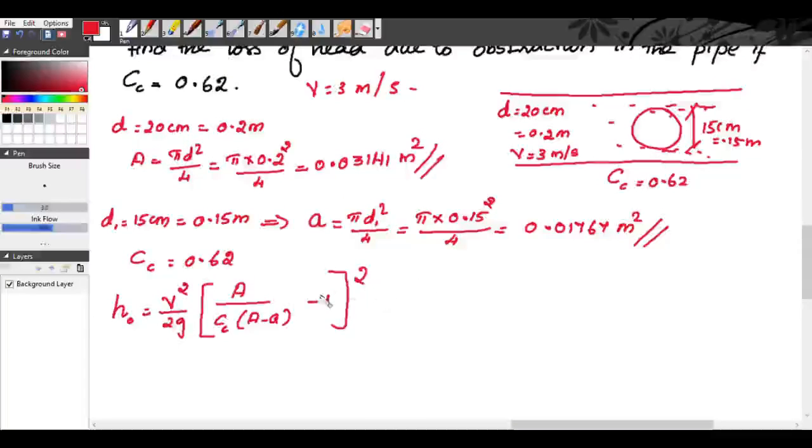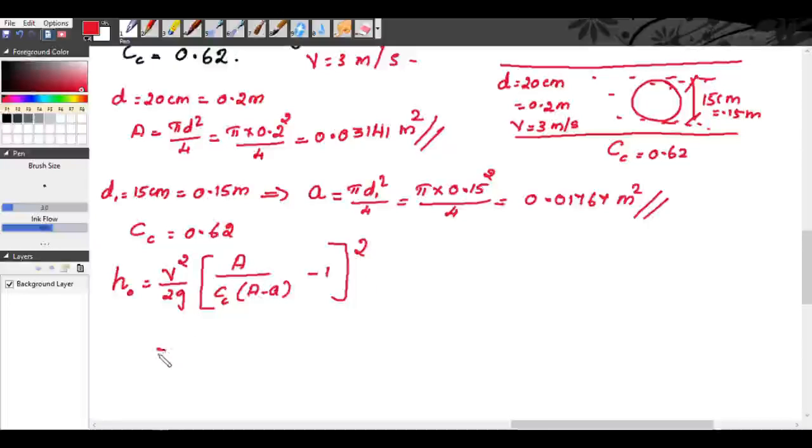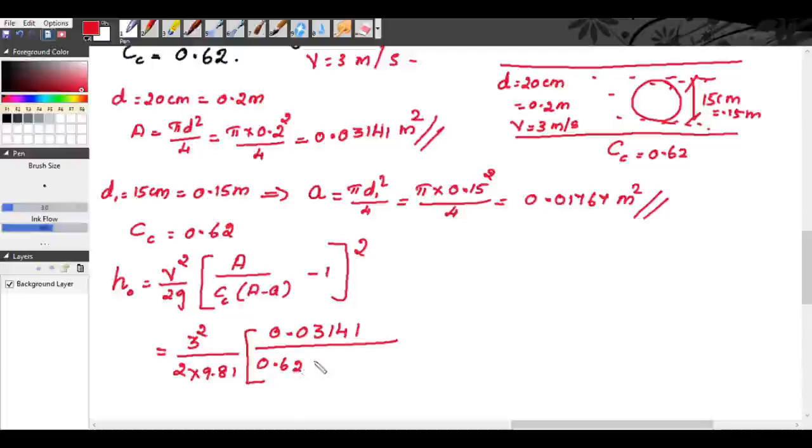So just substitute the values. V is 3 meter per second. So 3 square divided by 2 into 9.81, multiplied by area of the pipe, A is 0.03141, divided by Cc, which is 0.62, into a, the area of obstruction, 0.01767, minus 1, the whole square.